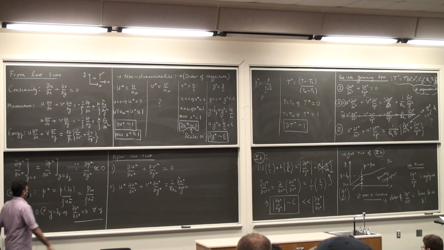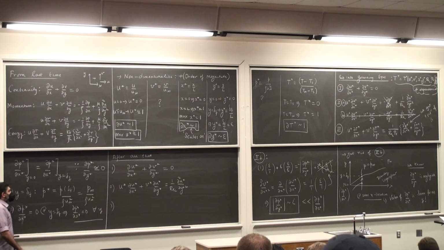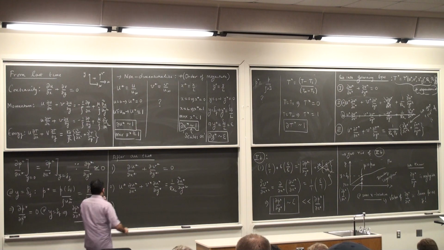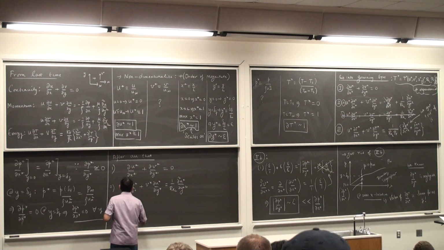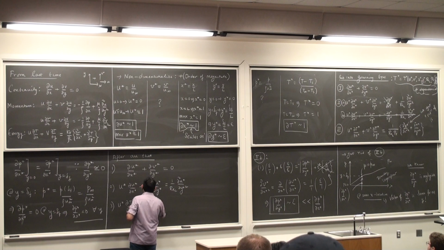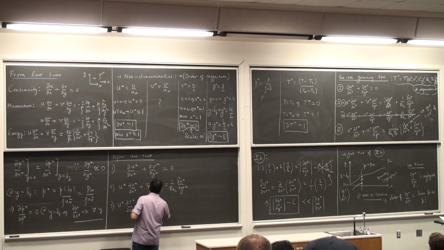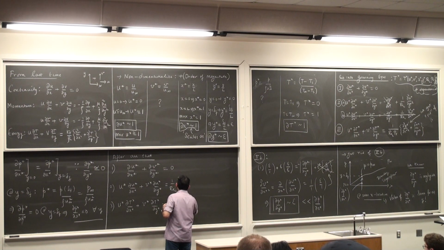And the last one. Equation 2b is gone. Equation 3, one of those d square t by dx square goes off. So I have u star dt star by dx star plus v star dt star by dy star is approximately equal to 1 by Re Prandtl d square t star by dy star square.